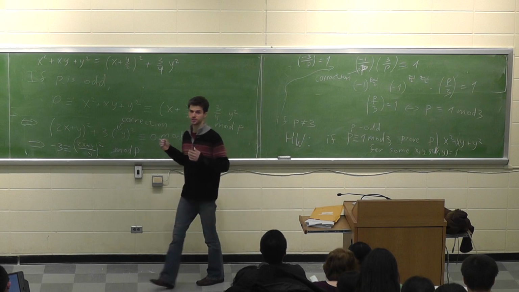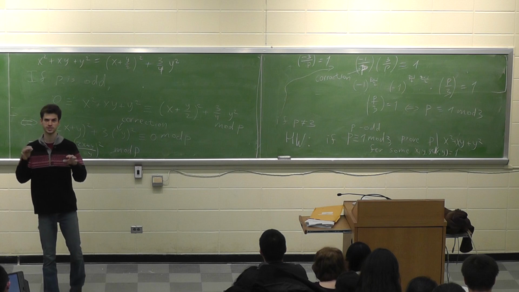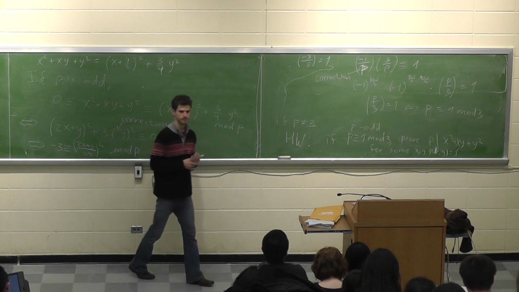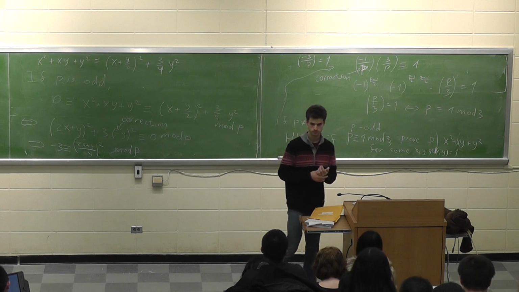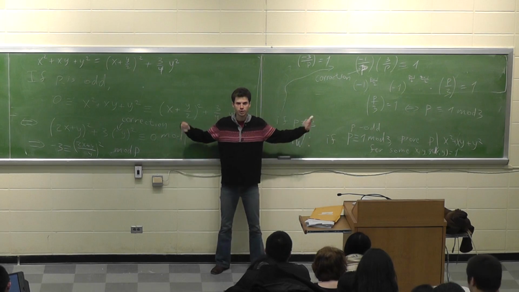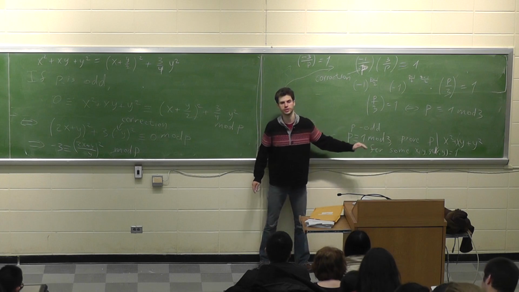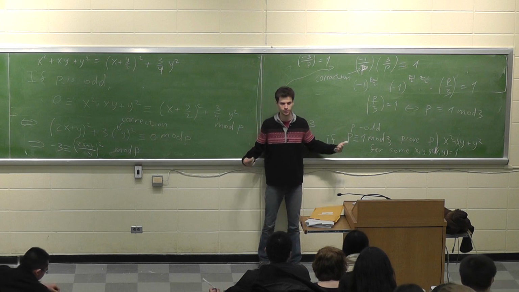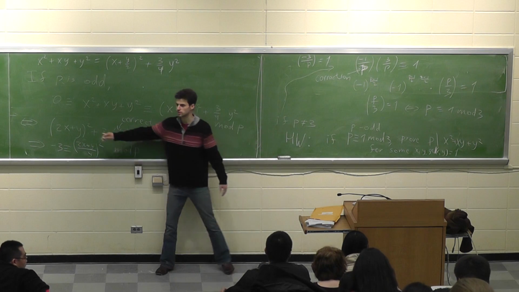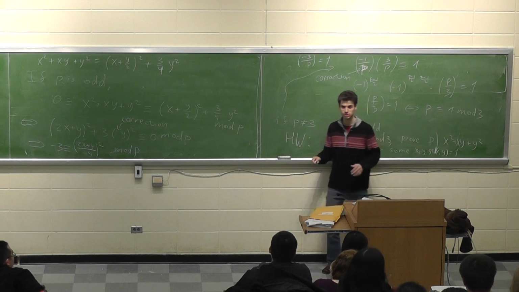Same idea as we did in the previous kind of problem with n squared plus 8, exactly the same kind of idea. So conversely, for now we just proved that if p divides such a thing, then p is 1 modulo 3. Now the question is conversely, if p is 1 modulo 3, can you reverse these arguments and say that it is a divisor of such a thing? And yes, we can do this.